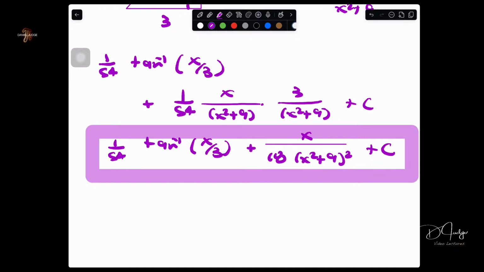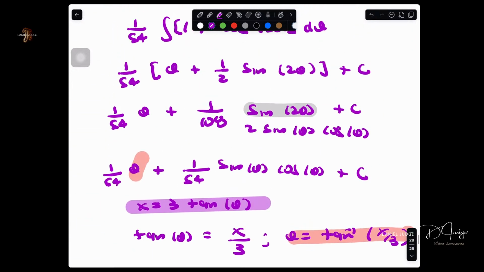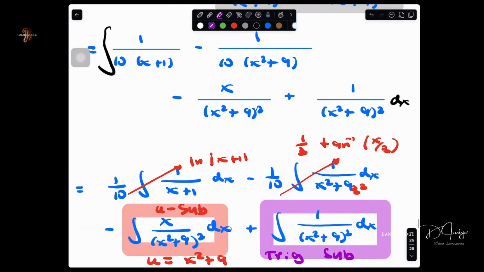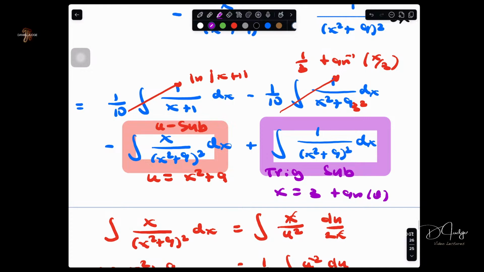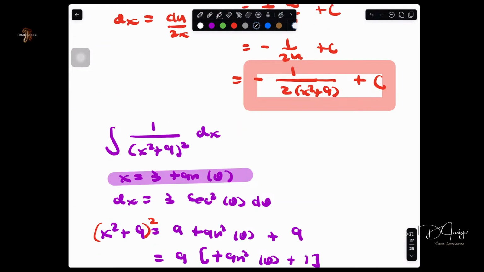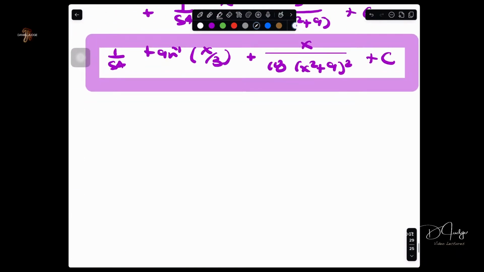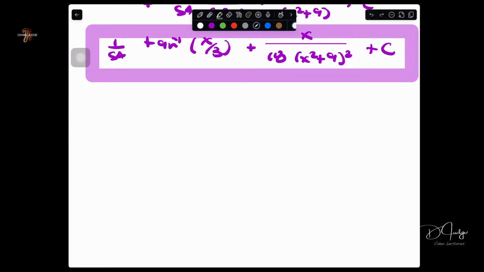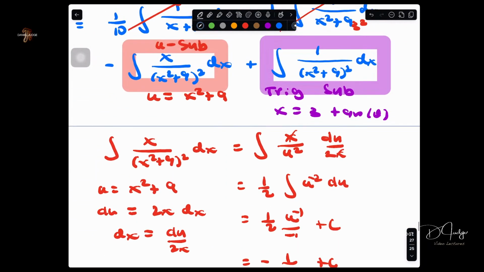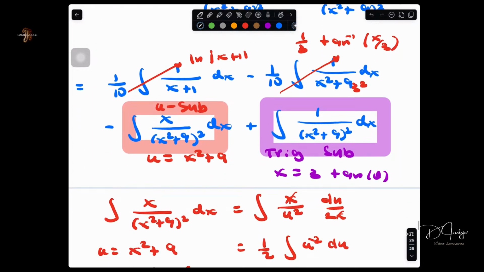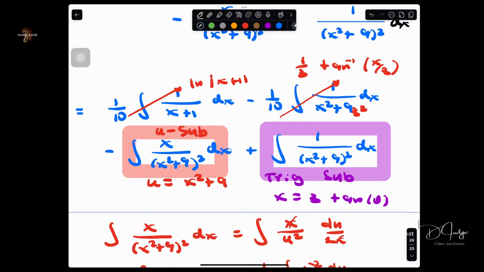All right, I think we did everything okay. So, ladies and gentlemen, let's go back and try to remember everything that's here. It's kind of late, but okay. 1/10 natural log of x plus 1. And then minus 1/10.